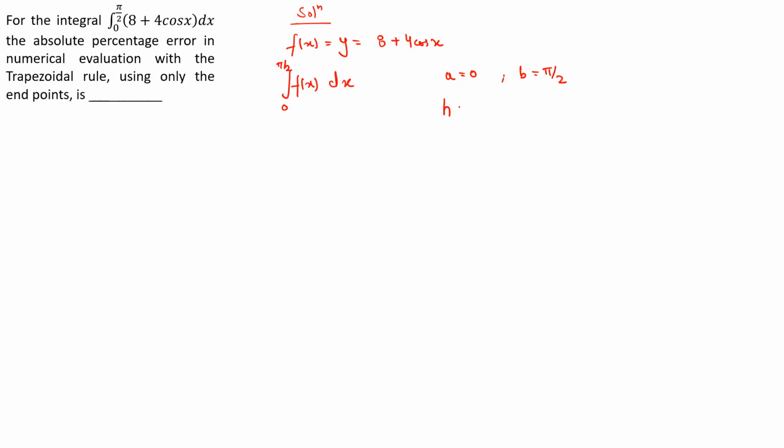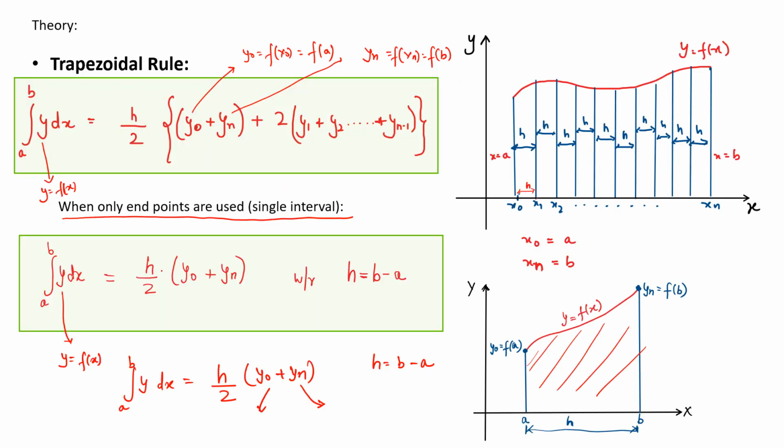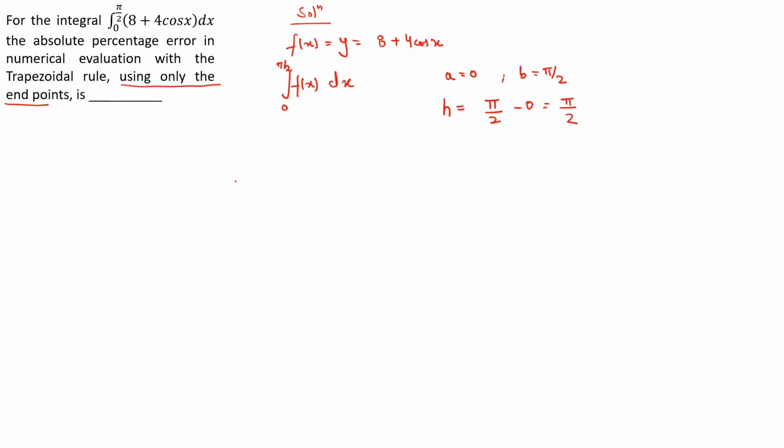This gives the value of h to be pi by 2 minus 0, which is just pi by 2. And since we are only using the endpoints for a single interval, we can use this formula to write the integral of f of x dx from 0 to pi by 2 as h by 2 times f at a plus f at b.